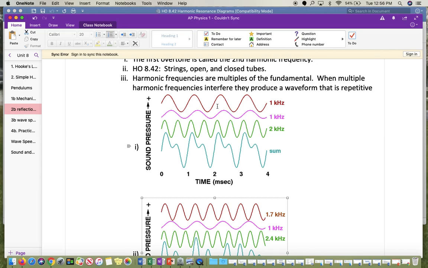So notice that we have this frequency, which is the same, and then we have a different frequency here that's vibrating. But when we overlap these three frequencies, because they are all harmonics of the same fundamental tone, we end up with a pattern that, even though it looks a little garbled, is repetitive.